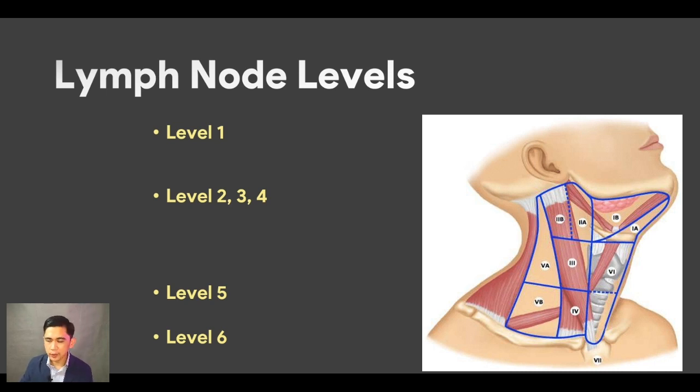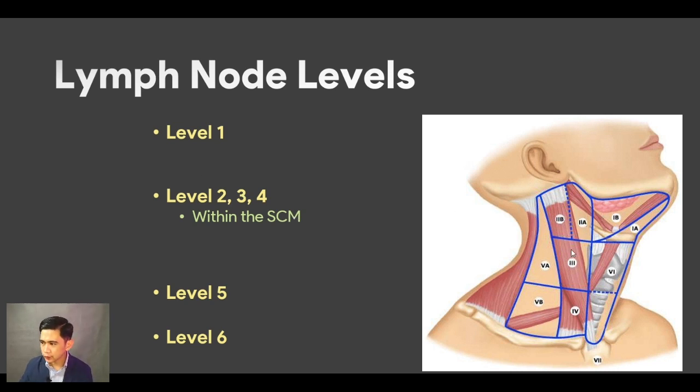First, you need to know that levels 2, 3, and 4 are along the sternocleidomastoid muscle. As long as it is along the sternocleidomastoid muscle, it belongs to level 2, 3, or 4.